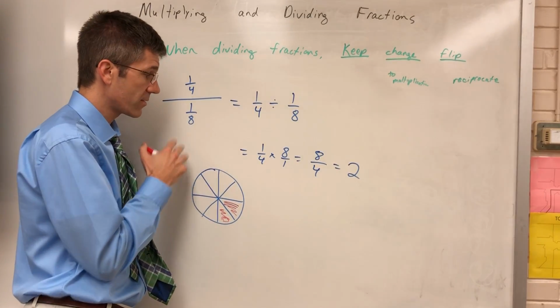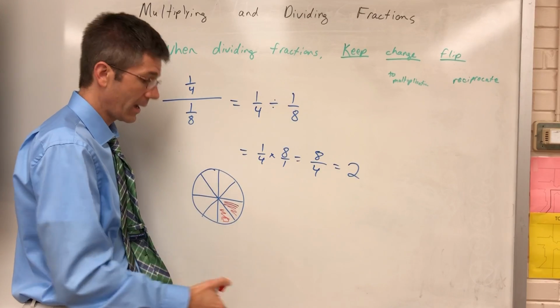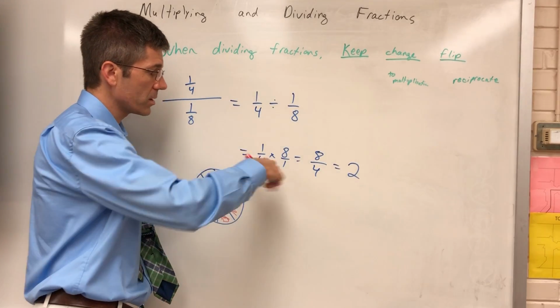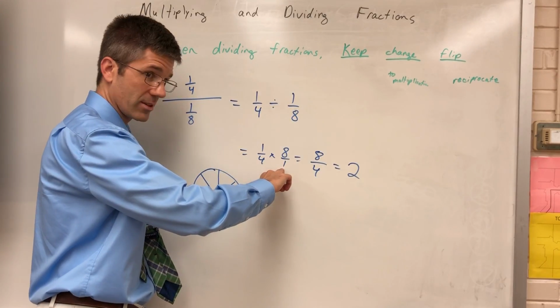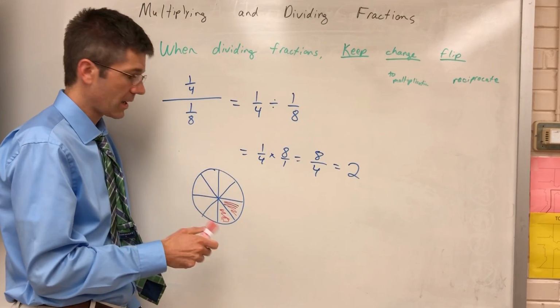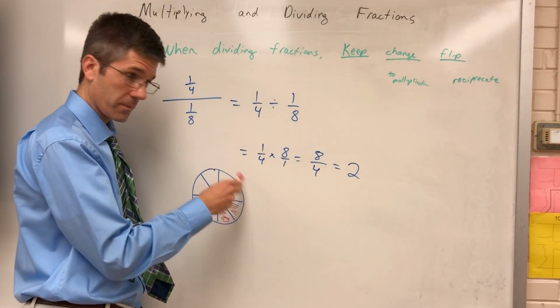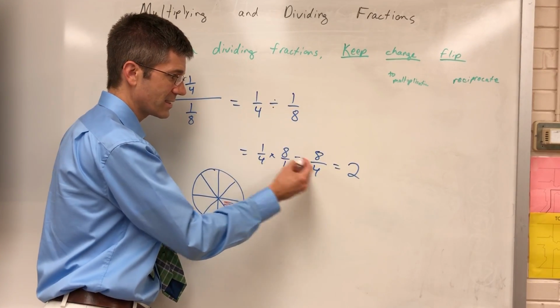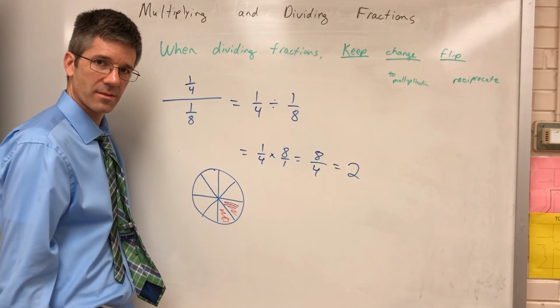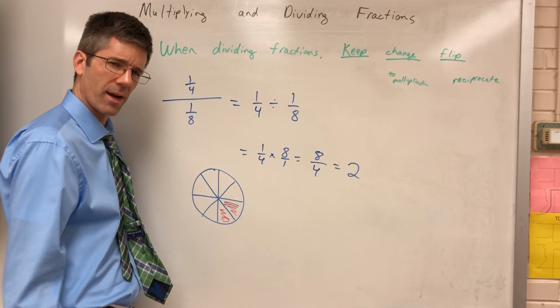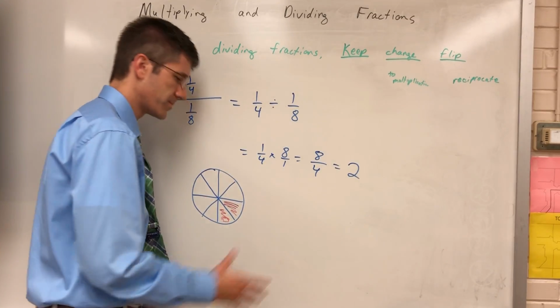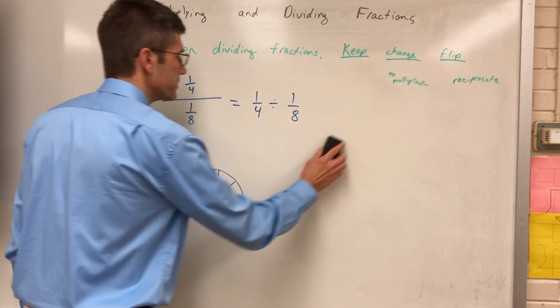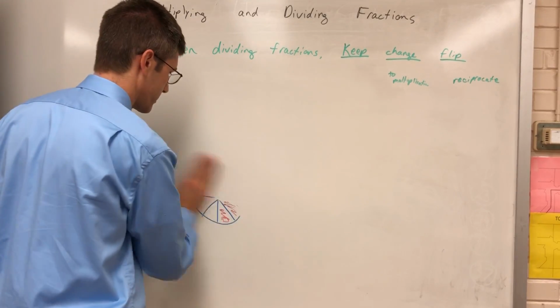Okay? So if I divide this thing by 1/8, it sounds kind of ridiculous, but multiplying instead by 8 means that I'm taking 1/4 of this pizza with 8 slices, and I have 2 slices. Okay, that was a very muddled explanation. So let's do another one without pizza.